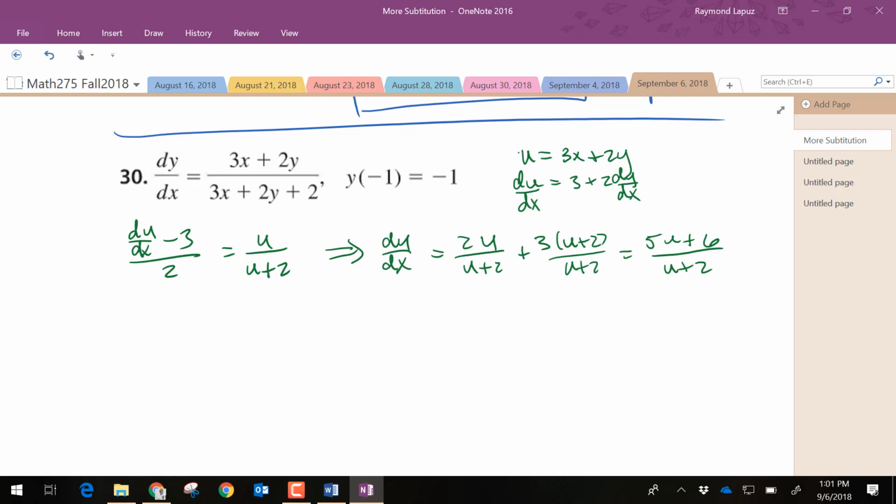So that's what du/dx is equal to. It's separable. We'll bring all the u's to one side. So I need to multiply by the reciprocal. (u plus 2) over (5u plus 6) du is equal to, I'll just say dx.